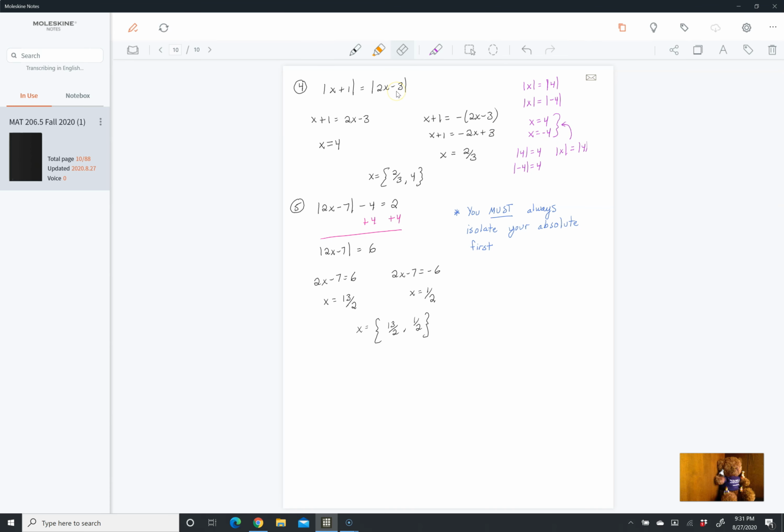In other words, if we put the absolute value on this side, it doesn't change the fact that this could be positive or negative, because we're making it positive. So if this were a positive number, it doesn't change the fact that this is positive, right? Then both sides are positive. And if this were a negative number, it still doesn't change the fact that we have the absolute value, okay? So if we have absolute value of x equals the absolute value of 4, x could still be 4.